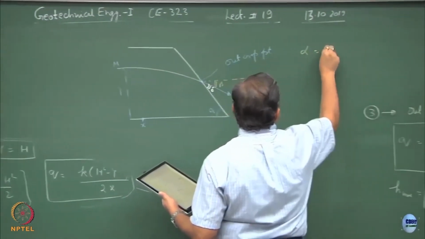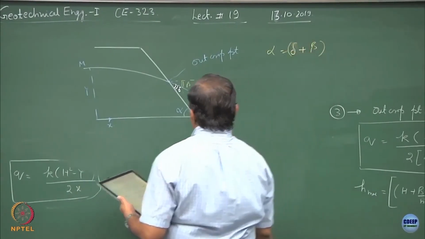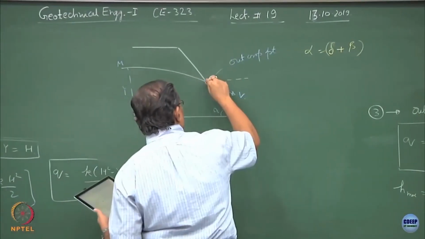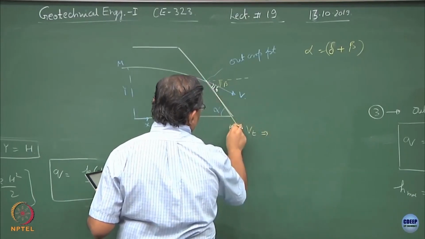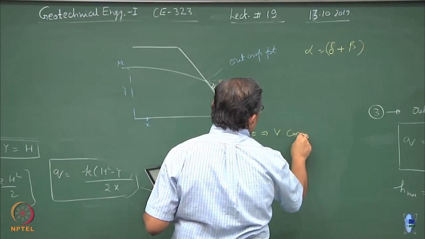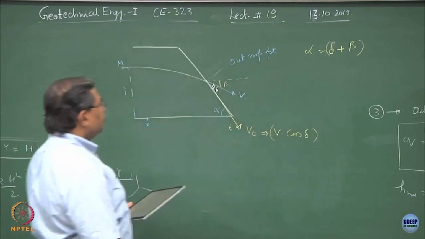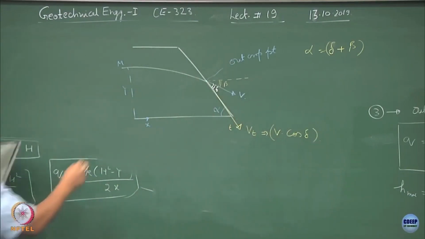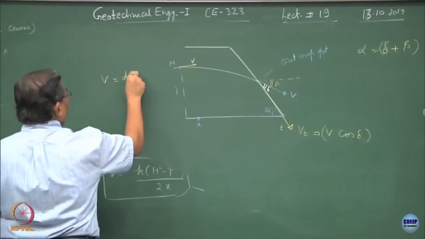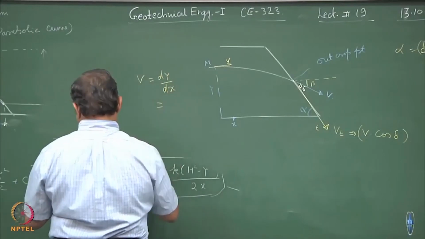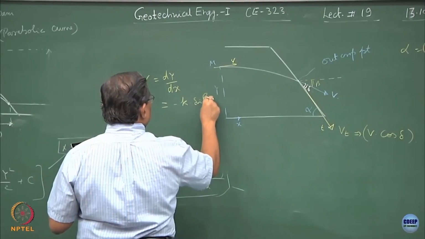So, if I say alpha equal to delta plus beta, if I assume the component of V in this direction, let us say this is the t direction, as V into cos of delta, I can show that at this point the velocity is going to be equal to dy by dx, and this will be equal to minus k into sin beta.